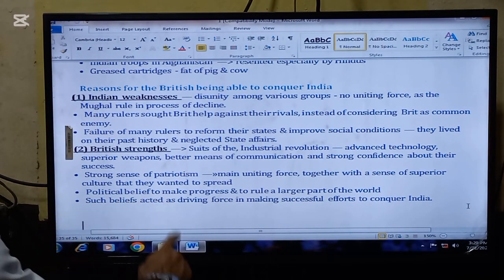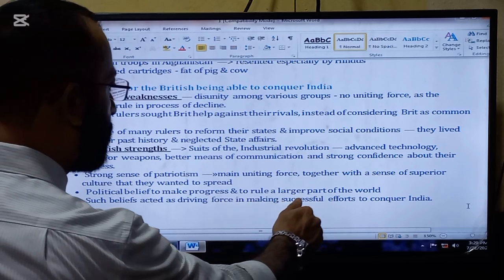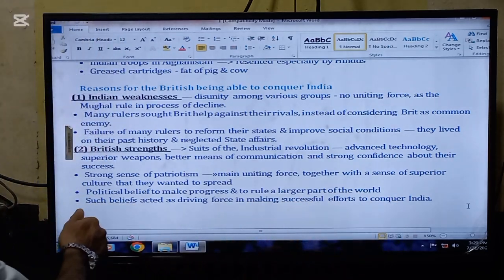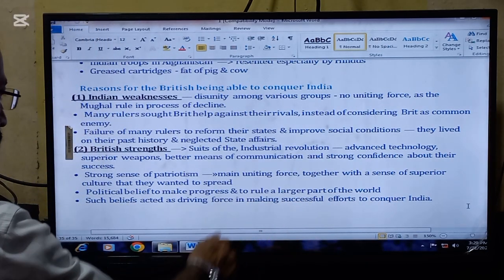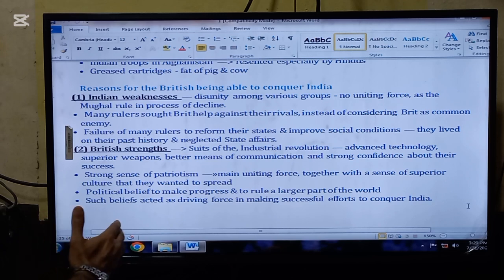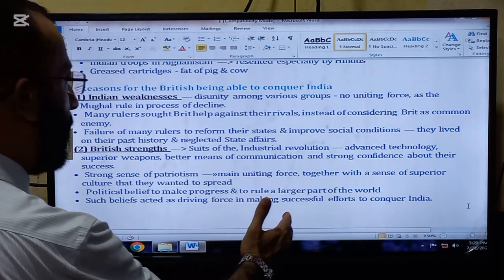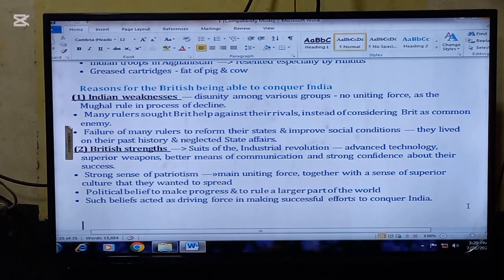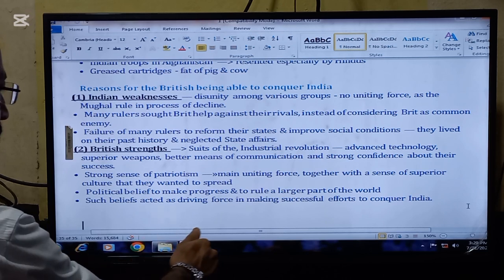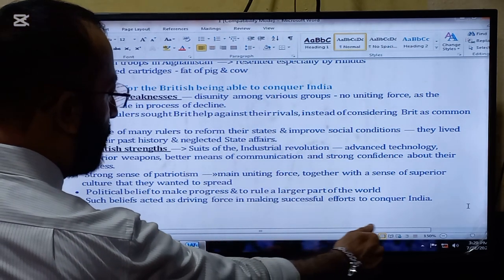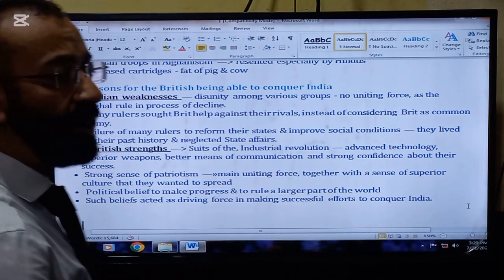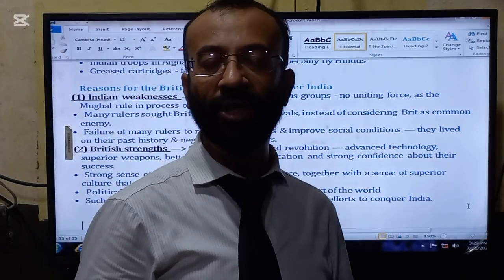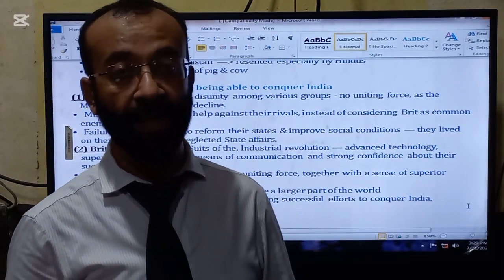Strong sense of patriotism, the main uniting force, together with a sense of superior culture that they wanted to spread. Political belief to make progress and to rule a large part of the world. Such beliefs acted as the driving force in making successful efforts to conquer India. So these were the things due to which the British were able to conquer India.